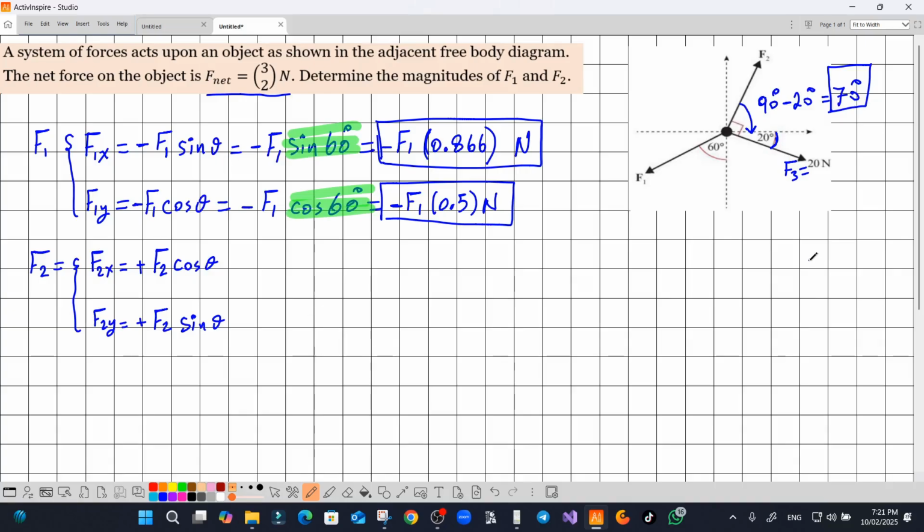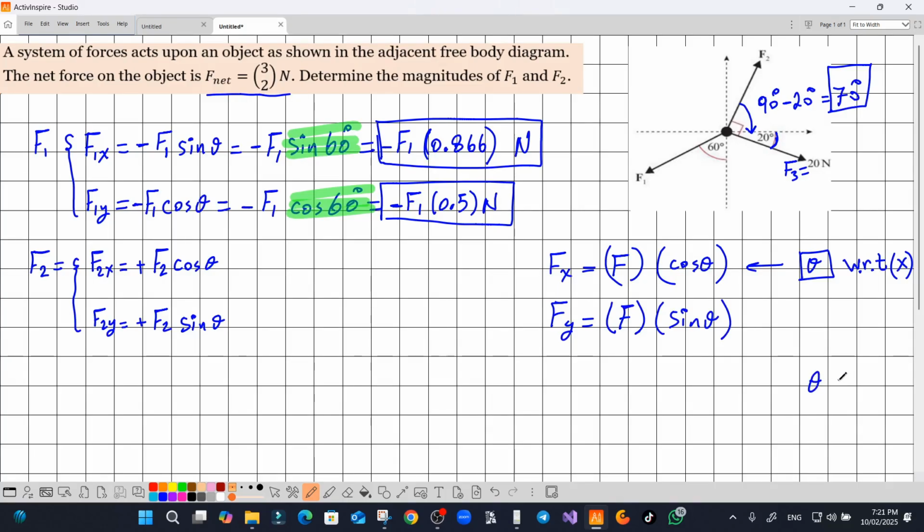Remember that, we just look at theta. If it's measured with respect to the x-axis (WRT means with respect to), then we should apply the cosine to the x component, and by default the y should be with the sine theta.